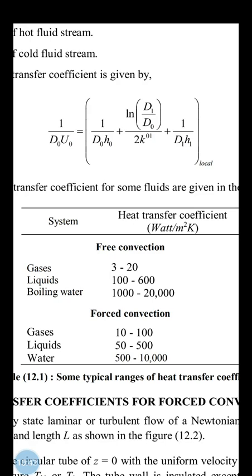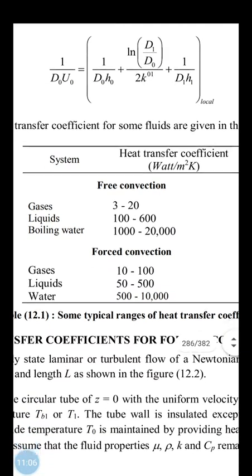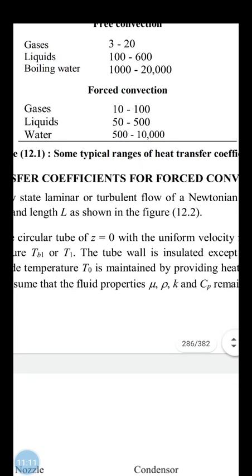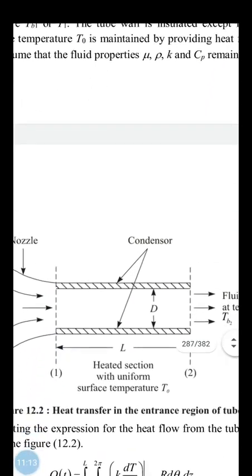For liquids, the heat transfer coefficient is 100 to 600. For forced convection, see here, it is 50 to 500. For boiling water, it is 1000 to 20,000. For water, it is around 500 to 10,000. You are supposed to know these values because it is very important. If the values are not provided, at least you are supposed to know the range.